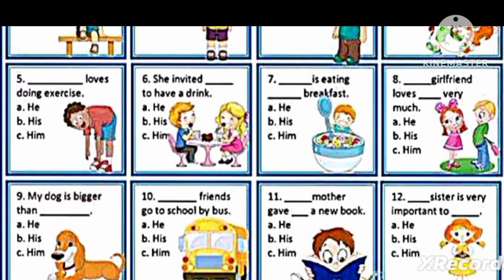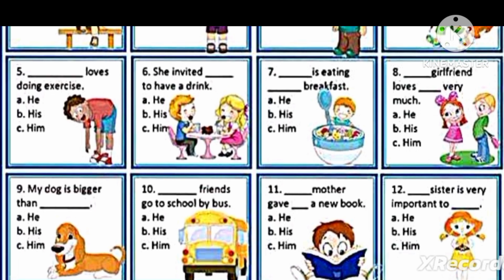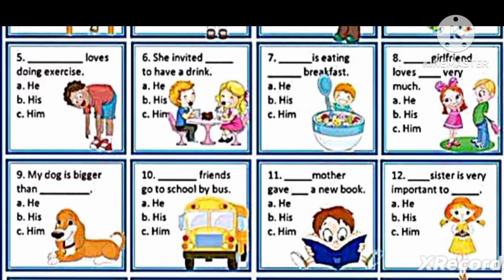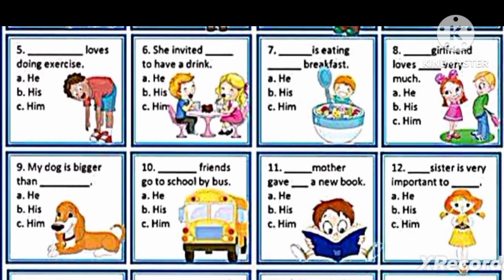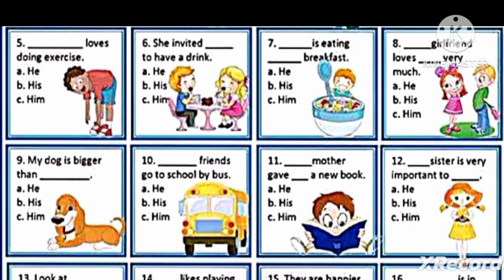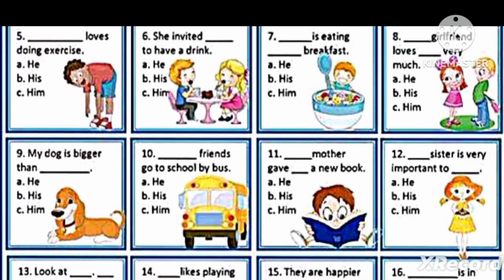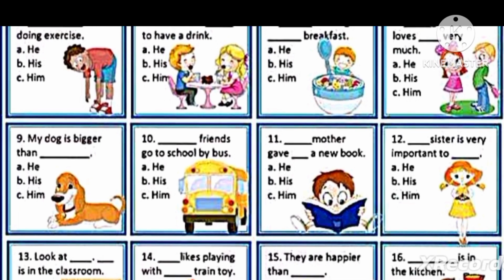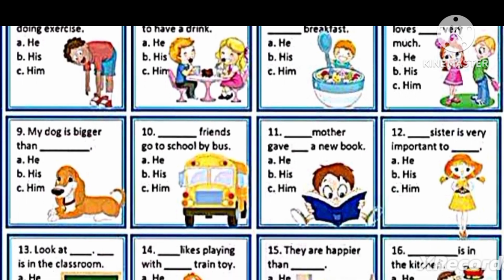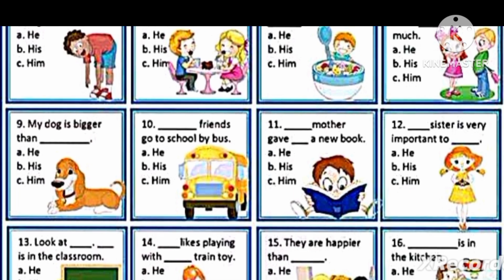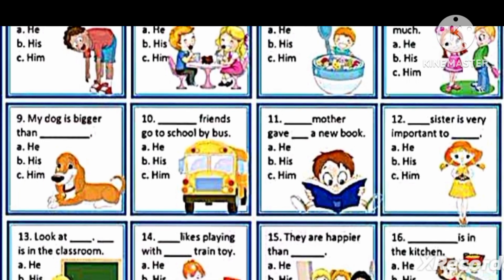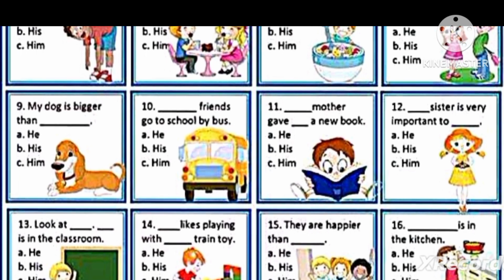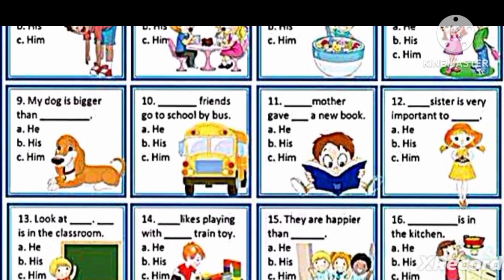His friends go to school by bus. 11th one, his mother gave him a new book. 12th one, his sister is very important to him. 13th one, look at him.